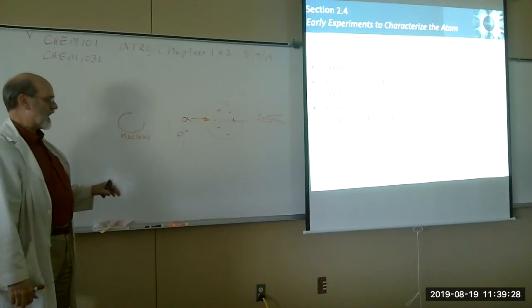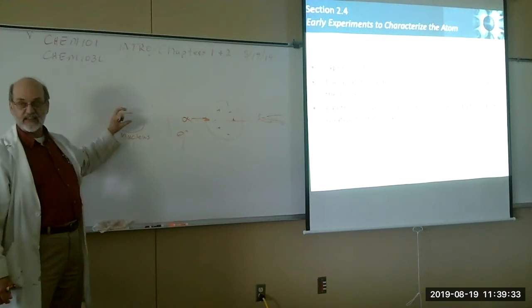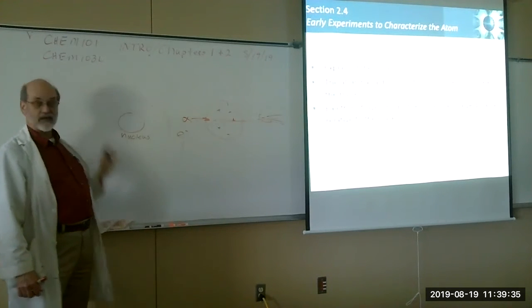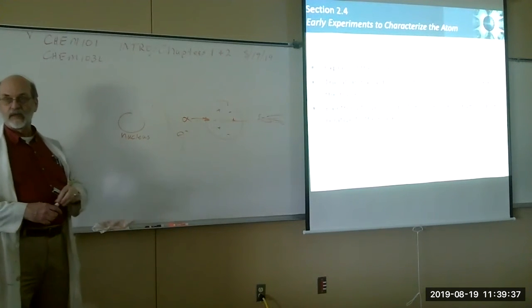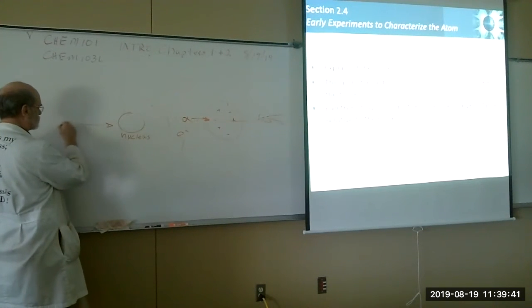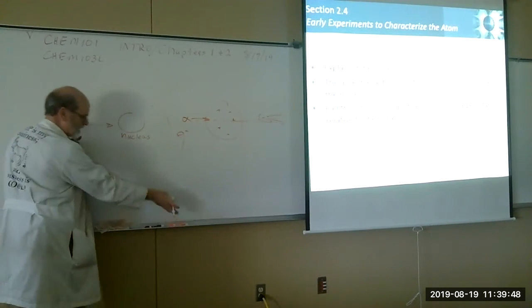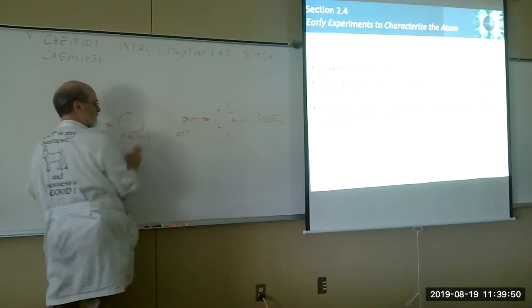If, however, the atom were a nuclear atom, where most of the mass was contained in a dense nucleus and the electrons were out here, then if an alpha particle struck the nucleus like that, it just bounced straight back, and he detected it back over here. Or if it hit off center, it would go like that, detected over there.